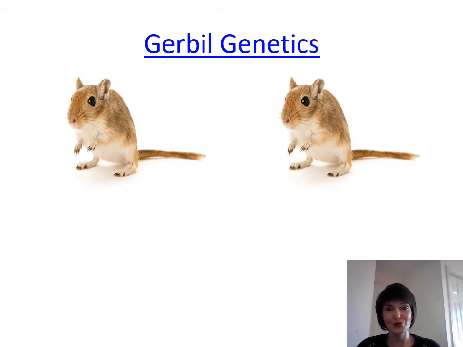Okay, so we've got Big Frank Jr. and Francesca, and you would think two brown gerbils. We've got a dominant one there because Big Frank being Big Frank, surely to goodness all of the gerbils are going to be brown. Now, let's have a wee look.